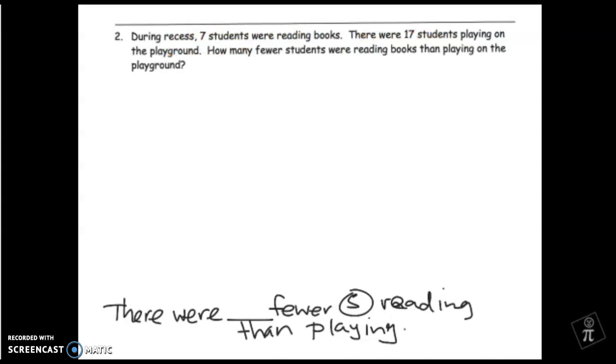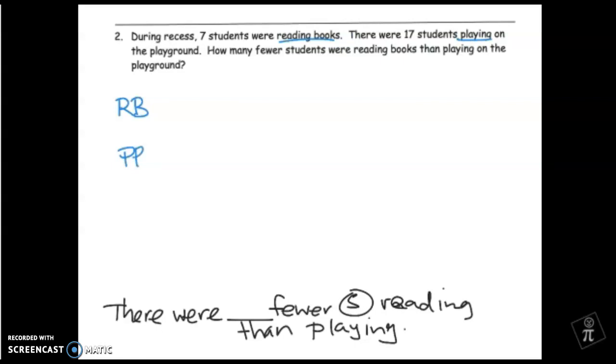So my characters, so to speak, are reading books and playing. So our 2 characters are reading books and playing on the playground. So we could do PP for playing on the playground.